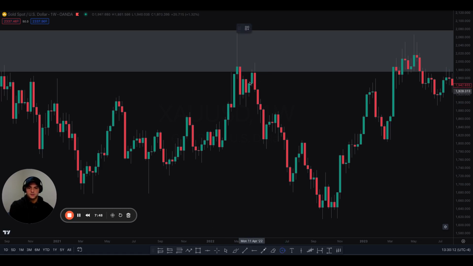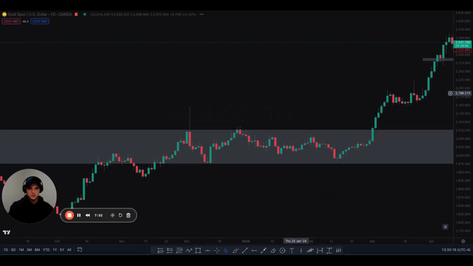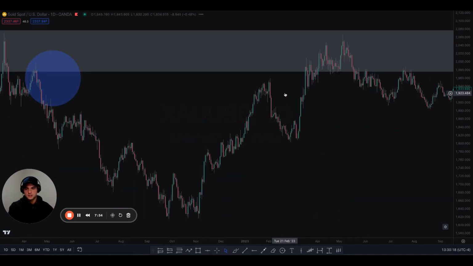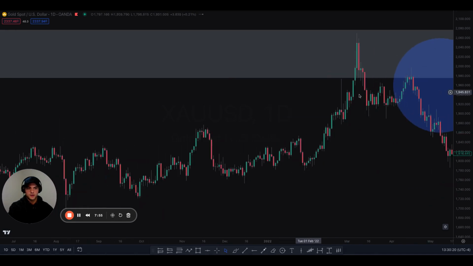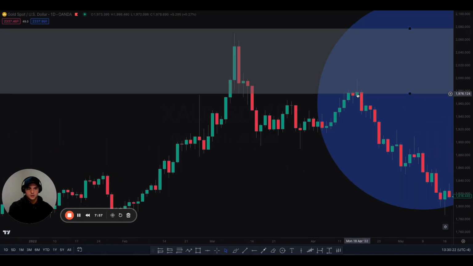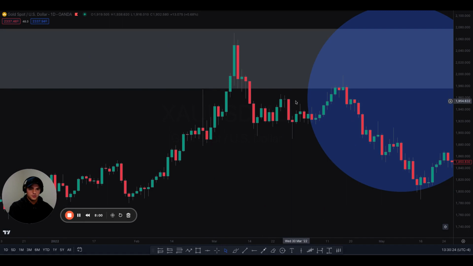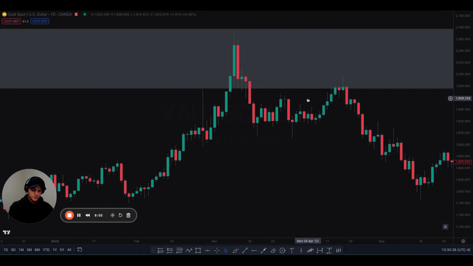And then if we start to cut down, we go to the daily, we're going to see probably another confirmation, right? Another doji over here with a bearish engulfing, that's another confirmation for you to sell.